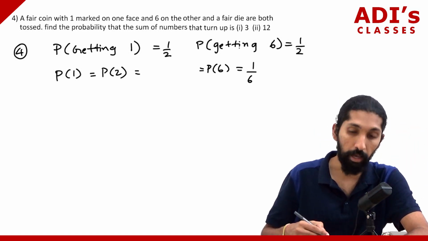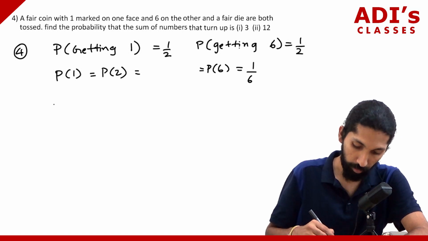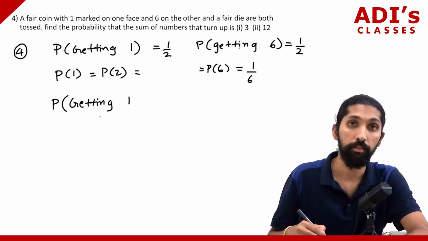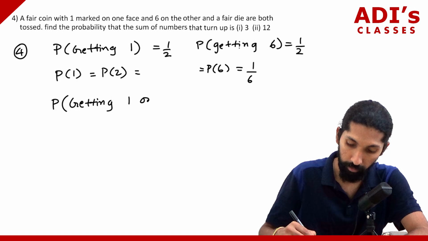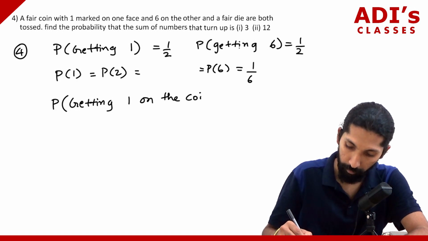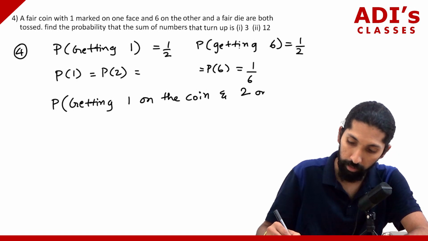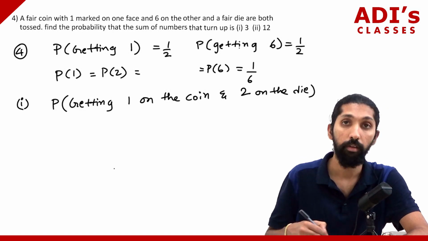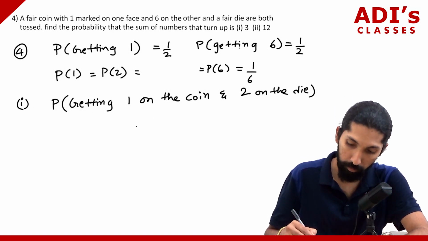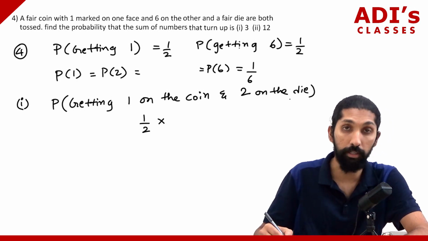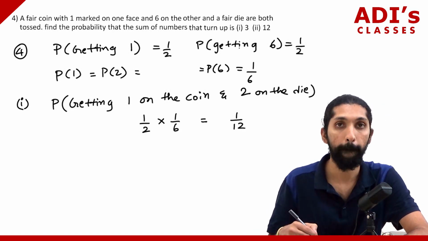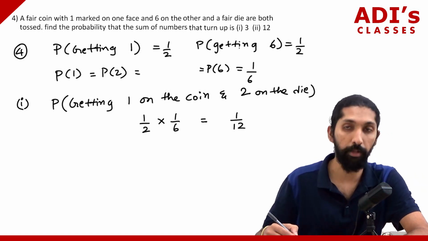That means we should have probability of getting 1 on the coin and 2 on the die. This is what we are looking at, correct? So probability of getting 1 on the coin is 1 by 2 and into getting a 2 on the die is 1 by 6. So this is going to become 1 divided by 12. So the first one answer is going to be 1 by 12.